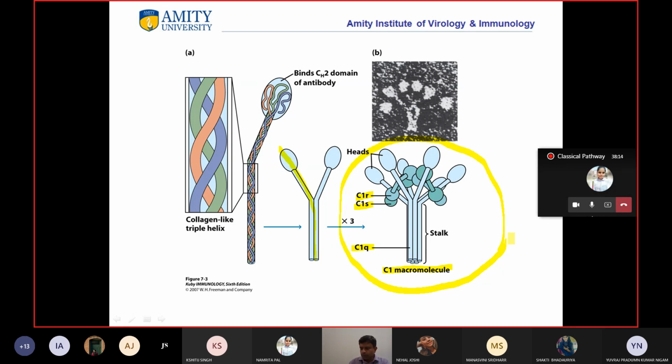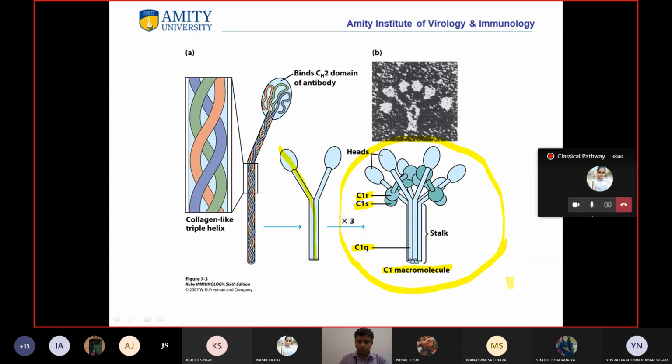Any question related to this? Is the structure of the C1 macromolecule clear? Yes, sir.